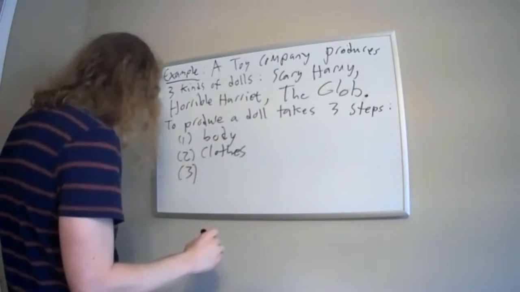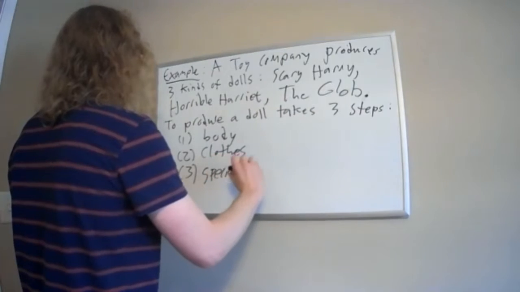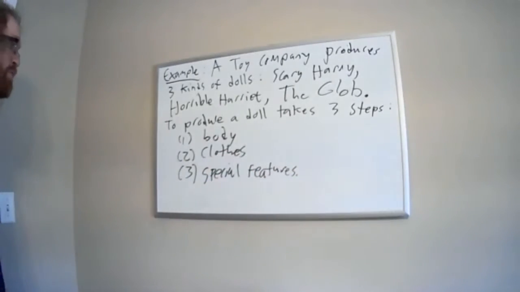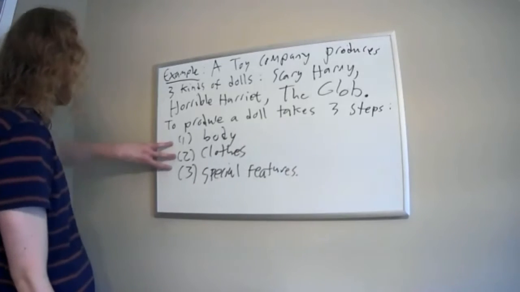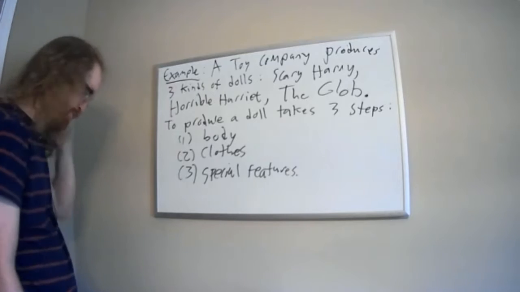And 3, we have to add some special features to make each one special, right? So these are the 3 things included in the production of a doll. I have 3 different types of dolls, 3 steps to produce a doll.